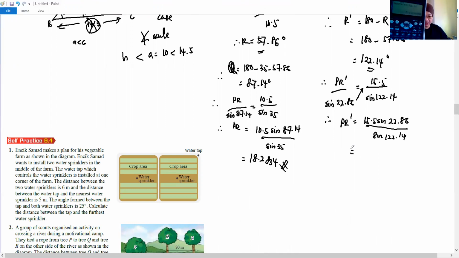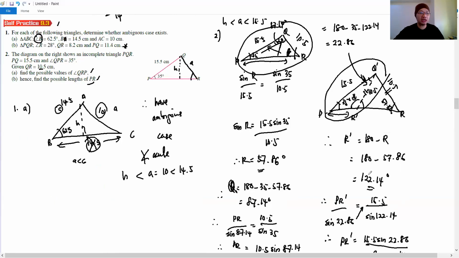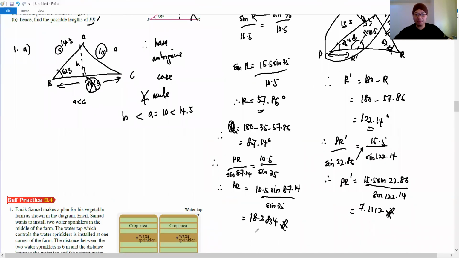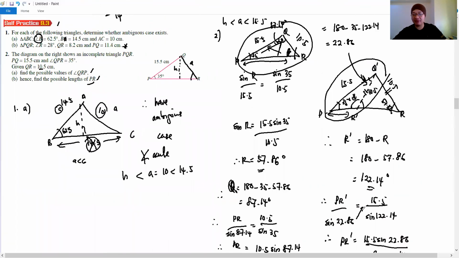Okay guys, this is the final answer. 7 point something. Let me write down the answer, 7.1112. So we got two different answers for length PR. Number one, 18 point something, and the second answer is 7 point something.